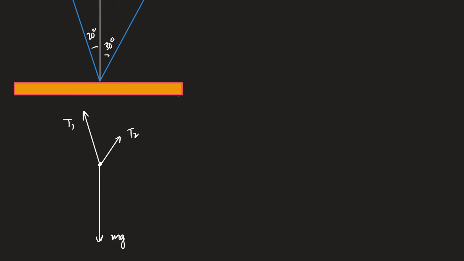I gain no special advantage lining this up with either of the tensions. So I'm going to line it up with the weight. Which is a little disappointing because that means I have to break up both of these into their components, but that's what I've got. So something like that for the one on the right.